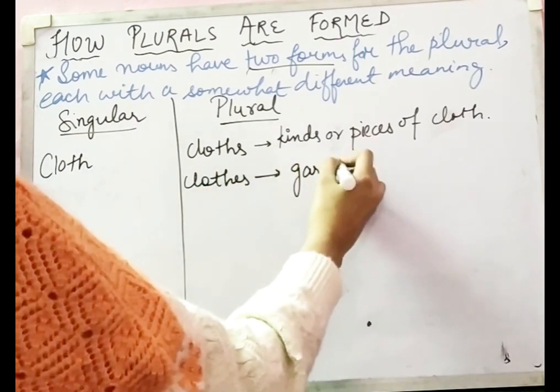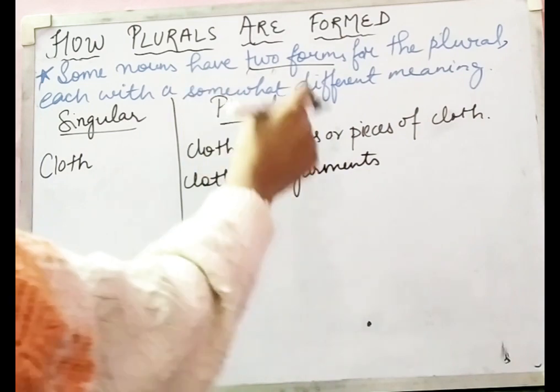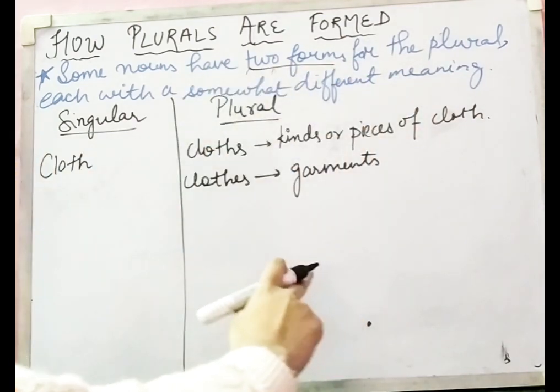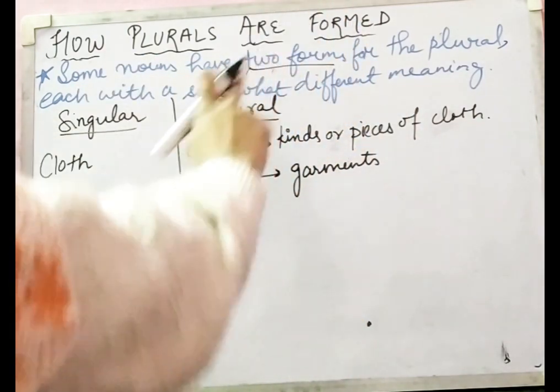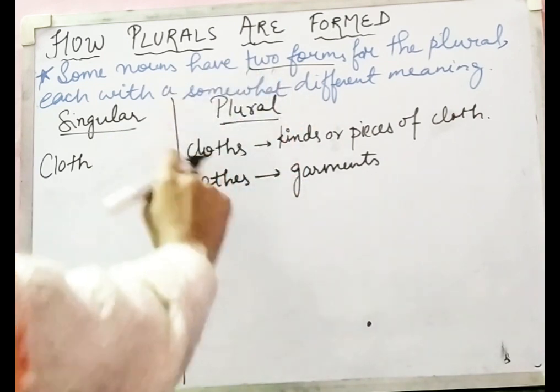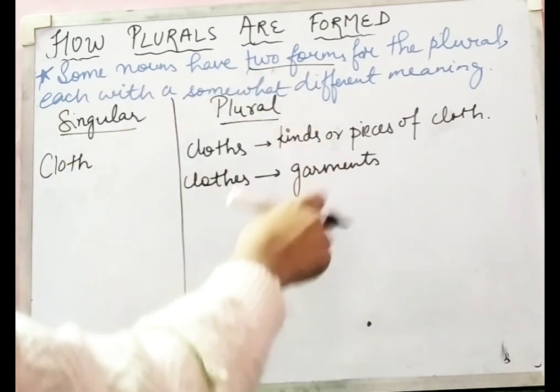I think this much is clear to you. Means they have two forms with different meanings. Some nouns have two forms for the plural, each with a somewhat different meaning.